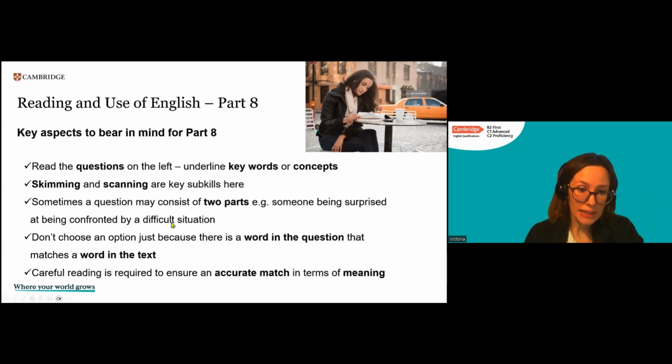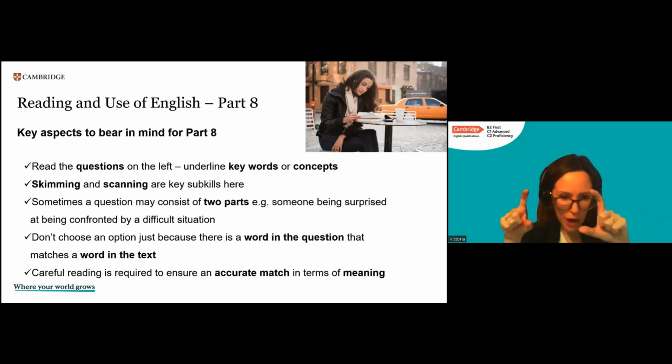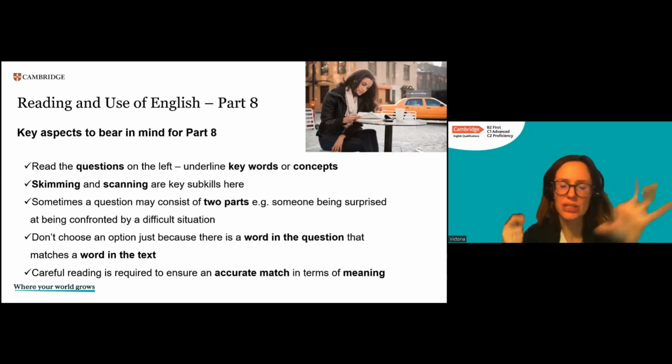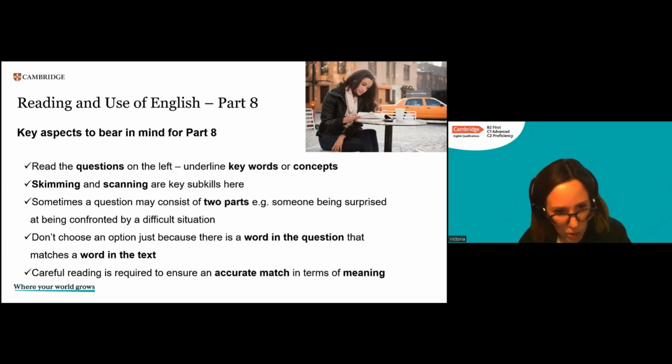And then once you have located the paragraph or the specific part of the text that you think matches the question, that is where you have to engage in careful reading to ensure that it is exactly the correct option, that there is an accurate match in terms of meaning.